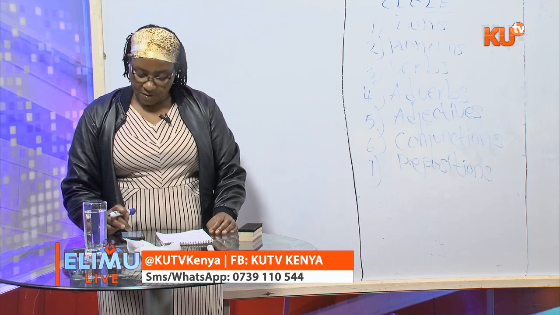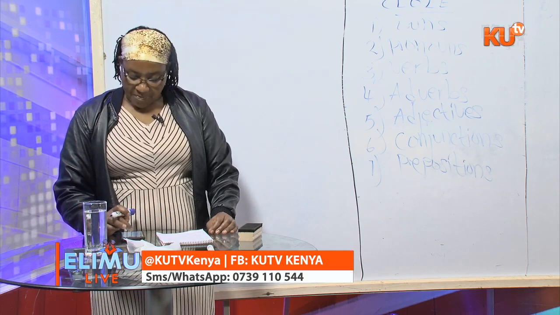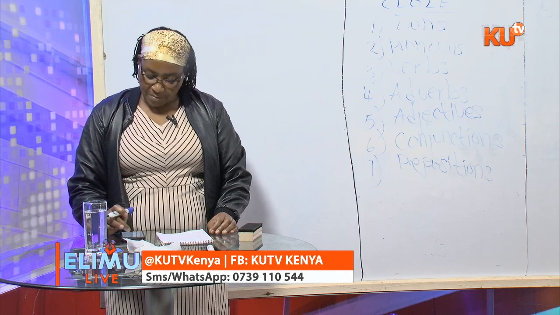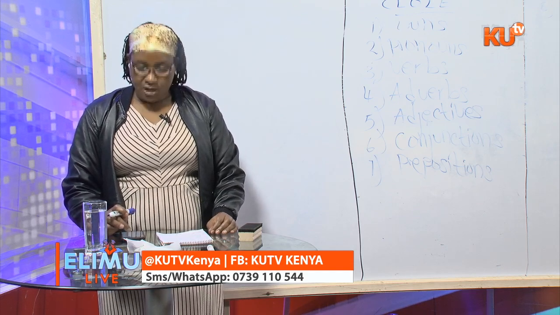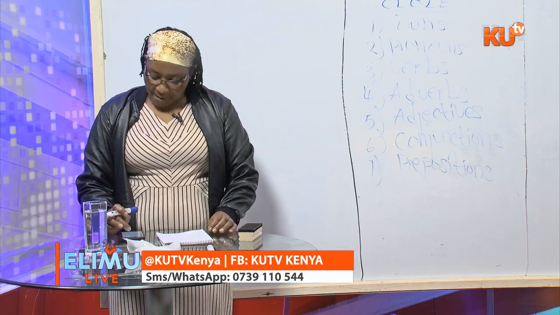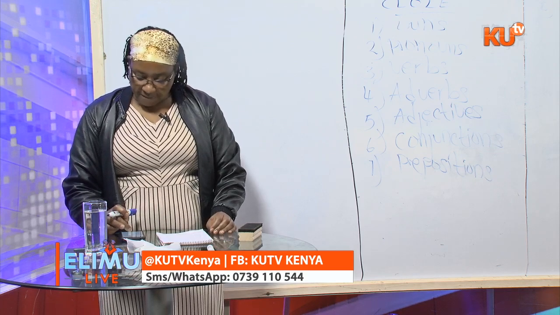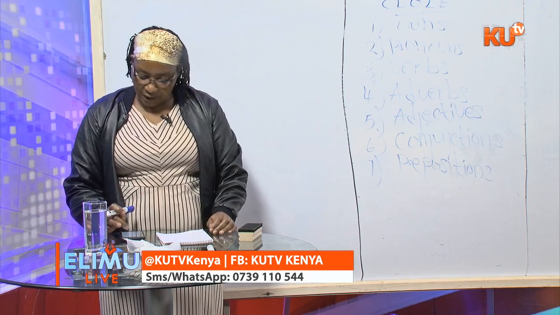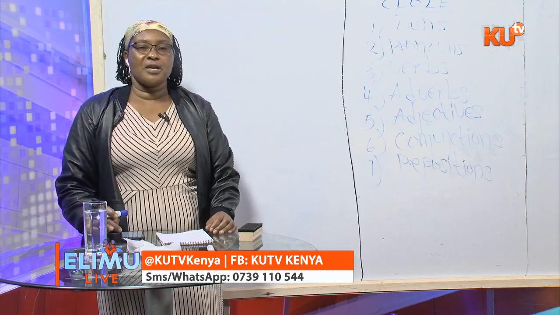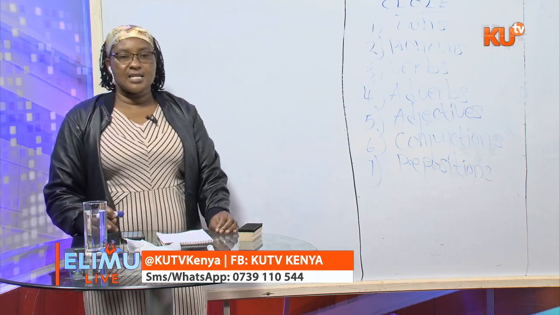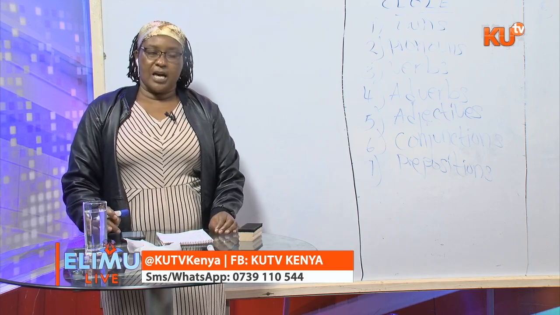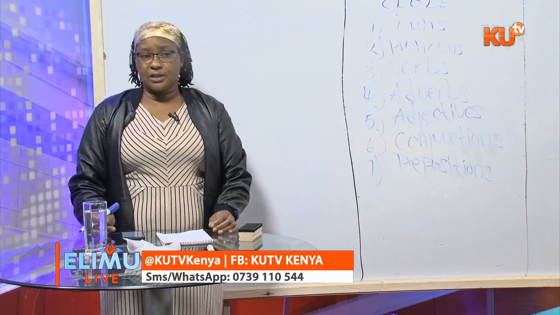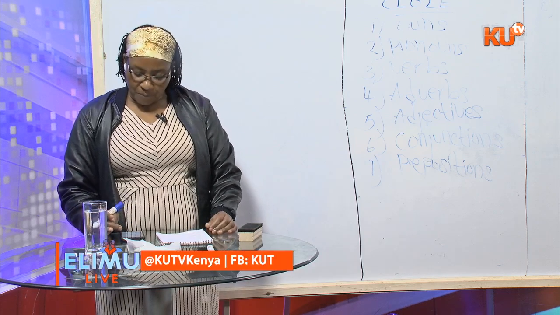Number 12, clothes. Number 13, food. Number 14, wild animals. Number 15, weather. Number 16, the farm. Topic 17, home equipment. And those are the topics which are usually taught in class 2. And the broken passage can be set on one of those topics.